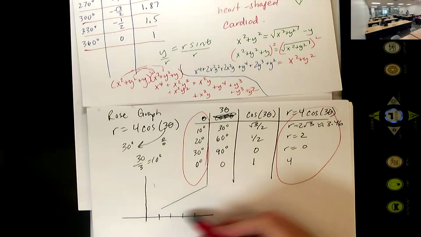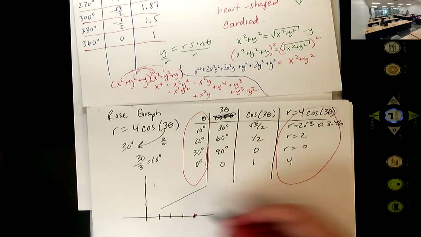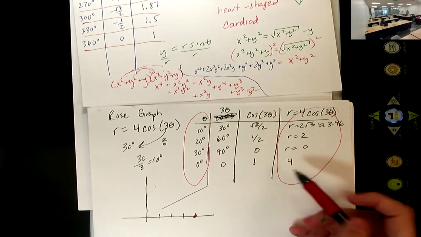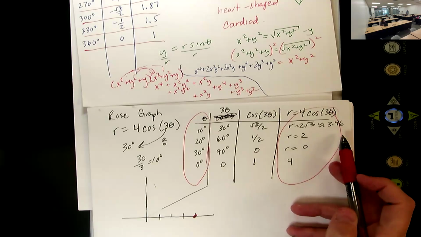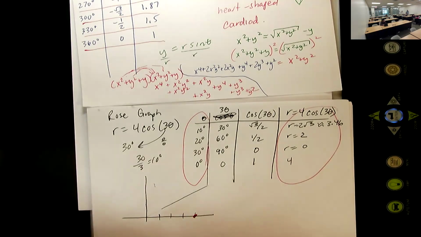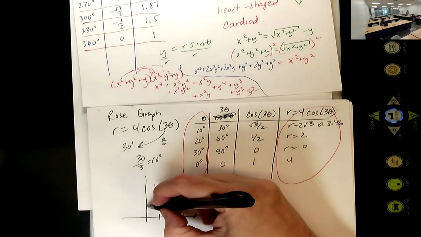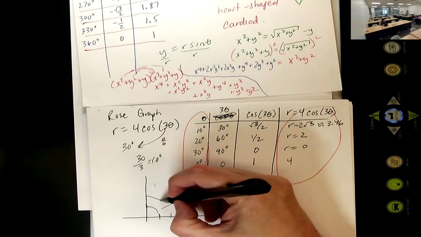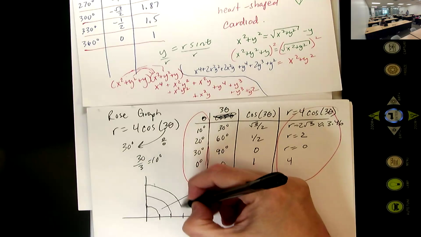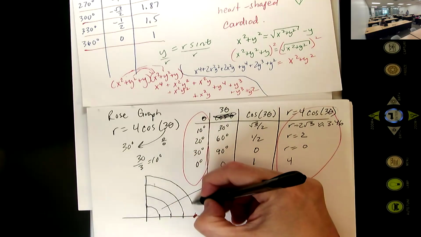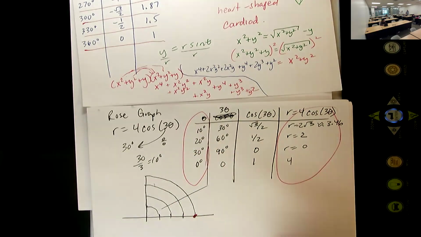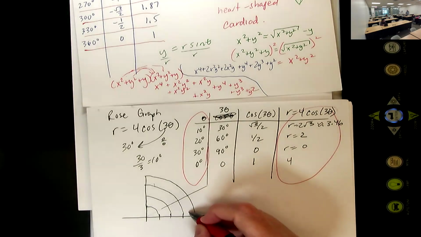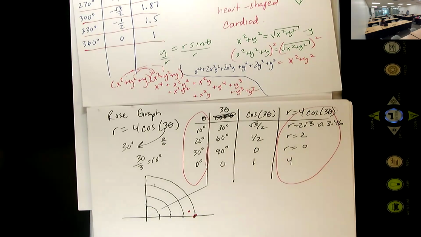So 0 degrees is out 4. 10 degrees is out like 3.5. Maybe this would help if I drew a concentric circle here. So 10 degrees is like 1/3 of the way through, that's about 3.5.